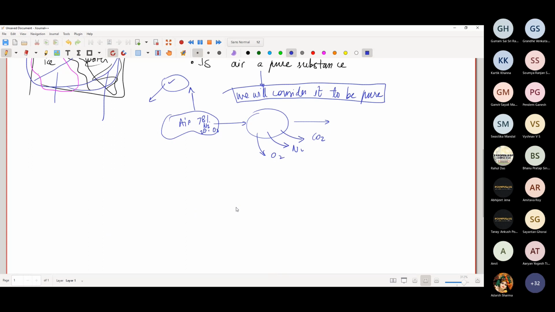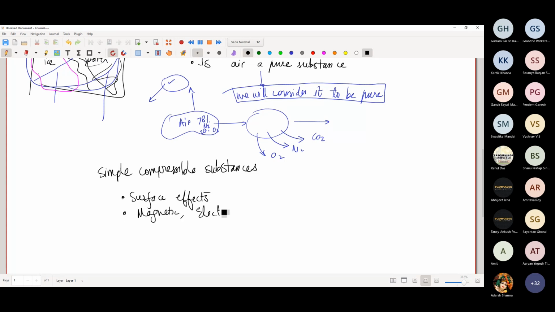Okay. So now we will come to yet another definition or yet another consideration, which is known as the simple compressible substances. Okay, a simple compressible substance is something where surface effects, magnetic effects, electric effects, they are all insignificant.